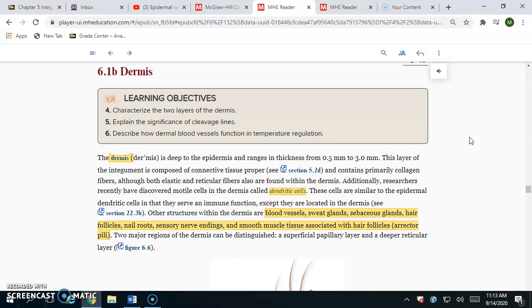It's kind of a mixture. You have areolar connective tissue present in the dermis, and you also have dense, irregular connective tissue, which is also present in the dermis. So areolar connective tissue and dense, irregular connective tissue are the two primary tissue types in the dermis.